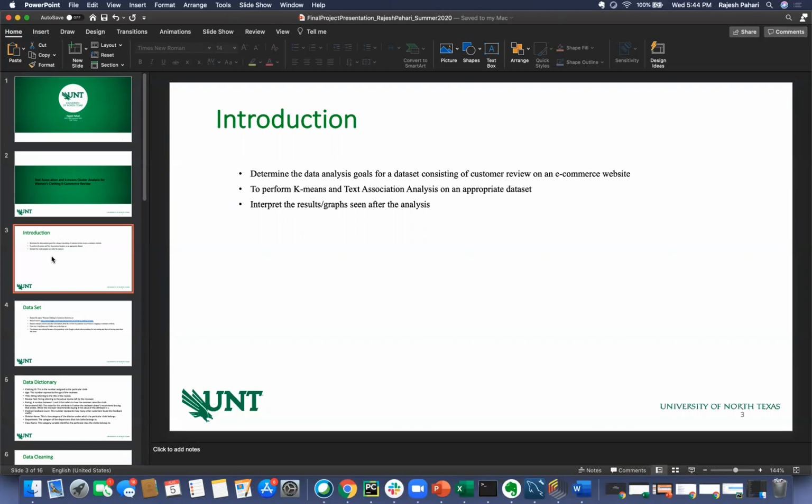Like we talked about earlier, we aim to do a data analysis for a dataset consisting of customer reviews on an e-commerce website. We'd be doing that through K-means and text association analysis of the dataset. And the next thing we do is interpret the results graphs seen after the analysis.